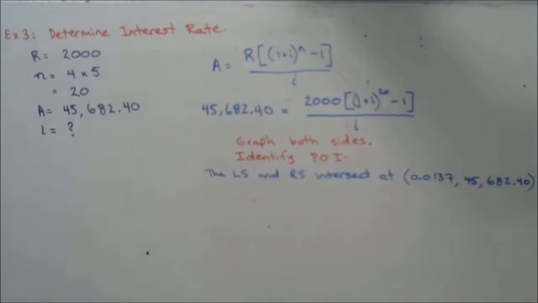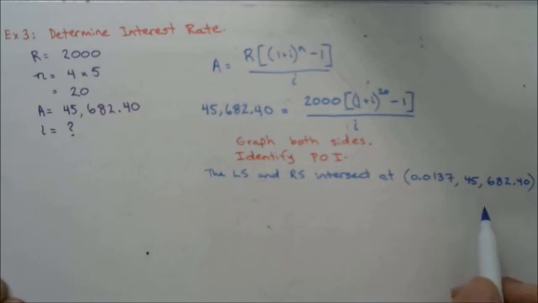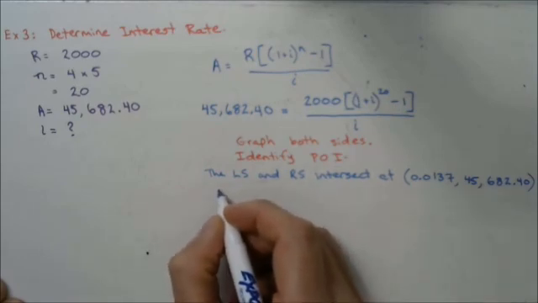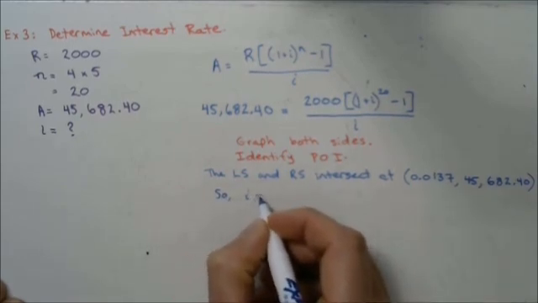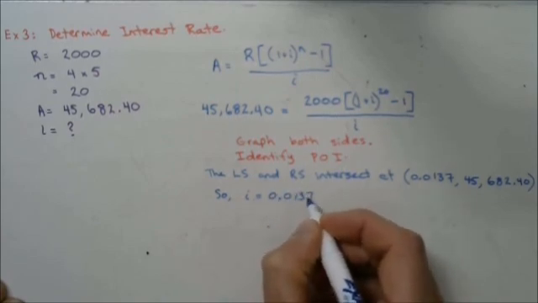And now we interpret that, okay? What is our interpretation? Well, it means that the account is going to grow to its final amount at the end of the annuity when the interest rate per compounding period is, so I equals 0.0137.